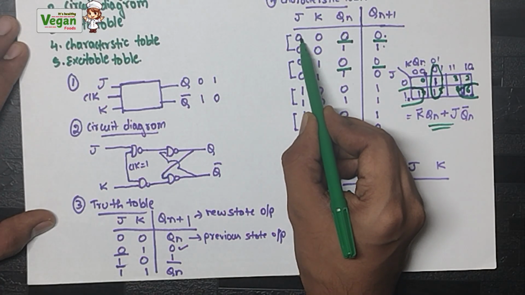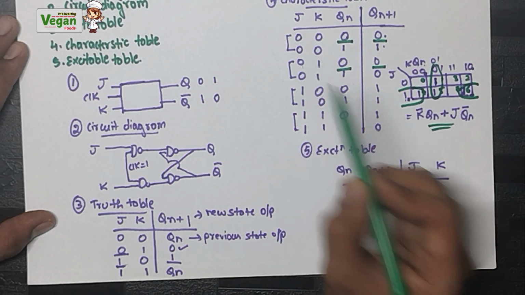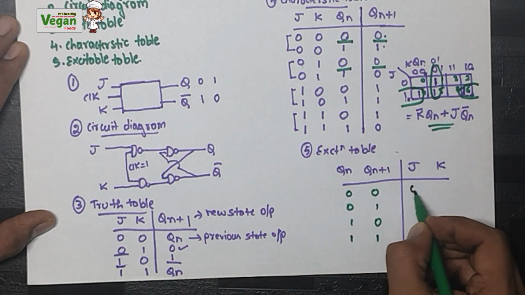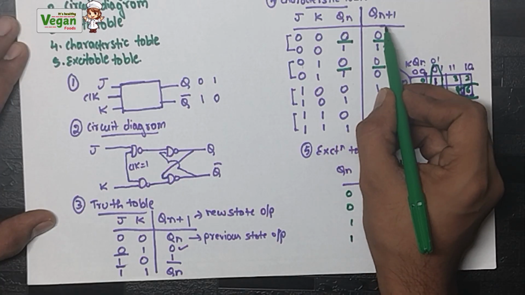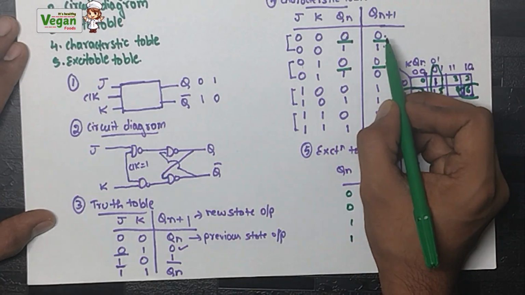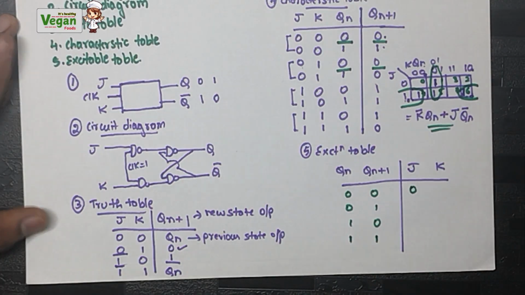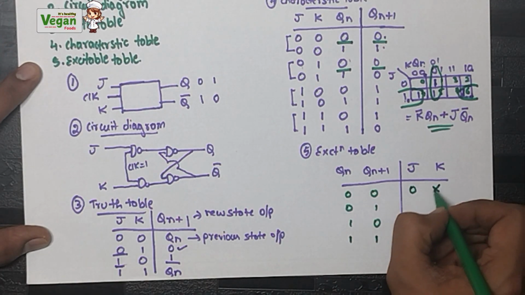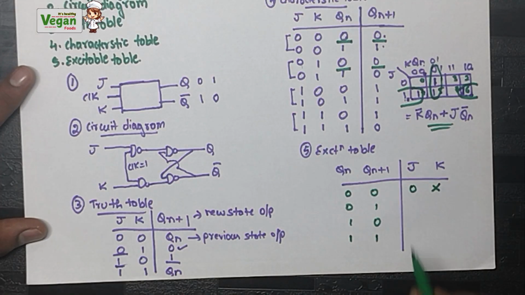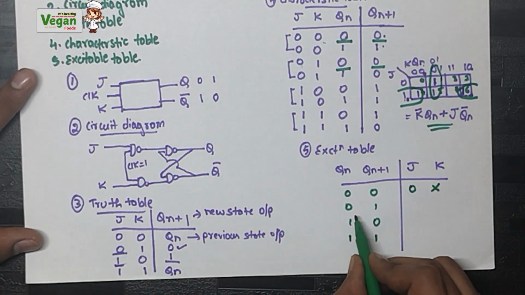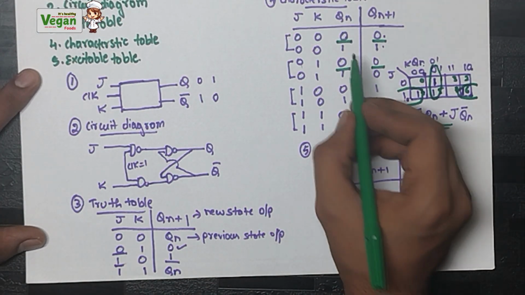J value is 0 here. Here also J value is 0. So we can write J value as 0. Next, here the K value is 0, but here the K value is 1. That is, it is varying. So we will not write. Not defined.